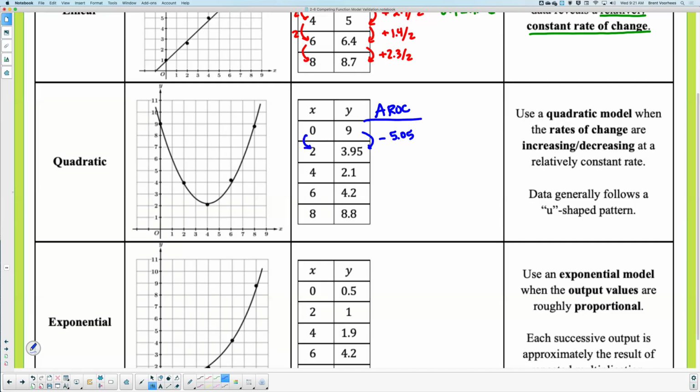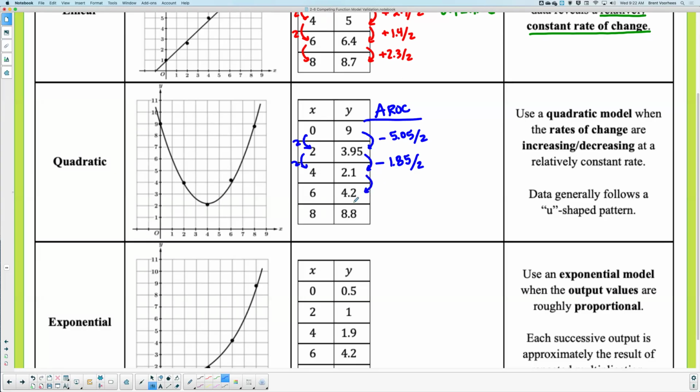And then we would divide by 2. Okay, now how about this time? This time I'm decreasing by 1.85. 1.85, and then you would divide that by 2. Now notice, are these numbers really close together like all the previous ones? No, you're already seeing there's a gap in this quadratic function.